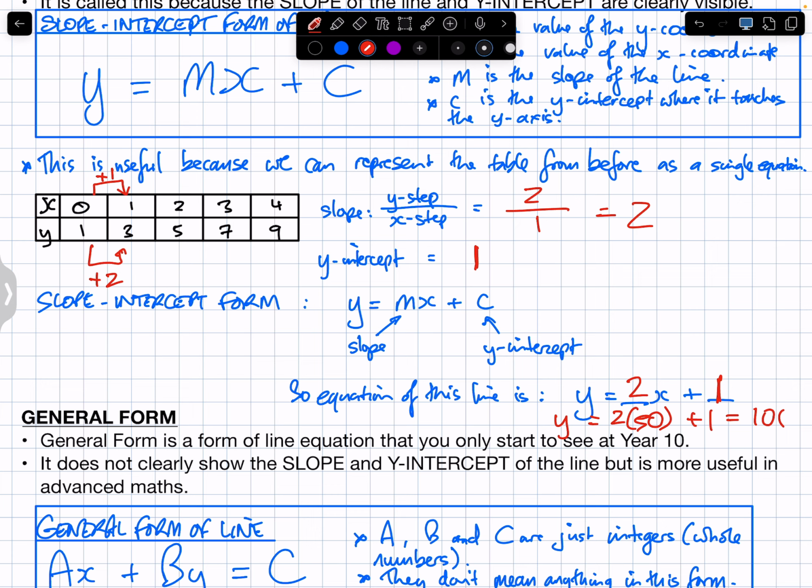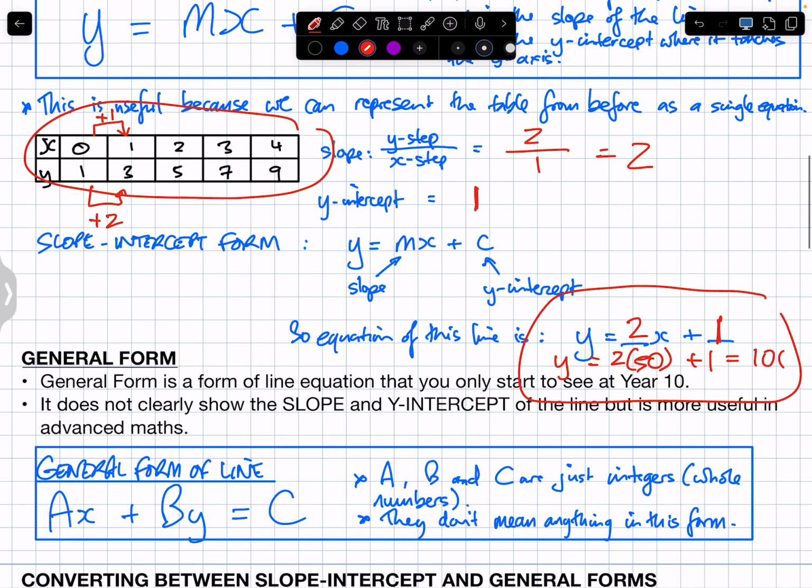So now I know that if this table extended to 50, y would be 101. Could I put any x in there? Could I put x as a bajillion and would I know what y is? This is more efficient than this. Okay? That's the purpose of the equation.